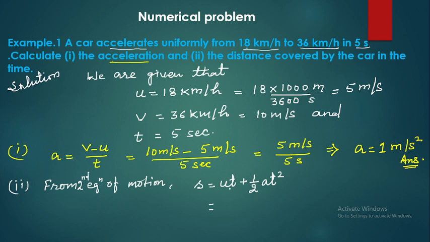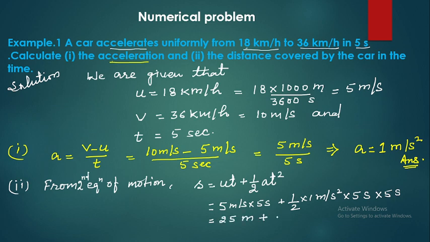Using the values of u, t and a: 5 meter per second into 5 seconds plus half into 1 meter per second square into 5 seconds into 5 seconds. 5 fives are 25 meter plus 25 by 2 meter.